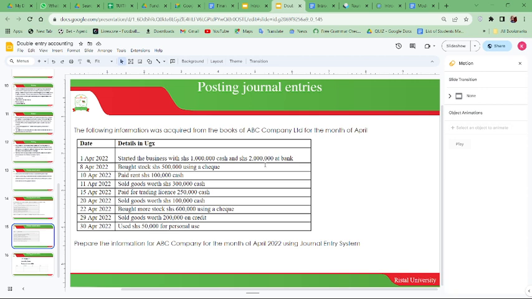To get the amount of capital, you add the cash plus the bank. So here we have three accounts: cash, bank, and capital.